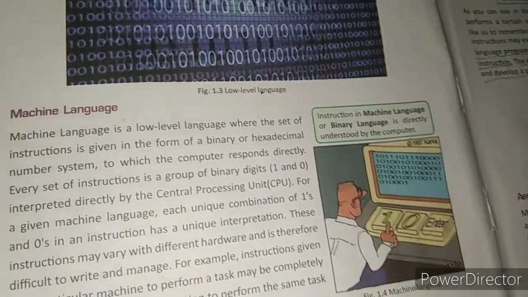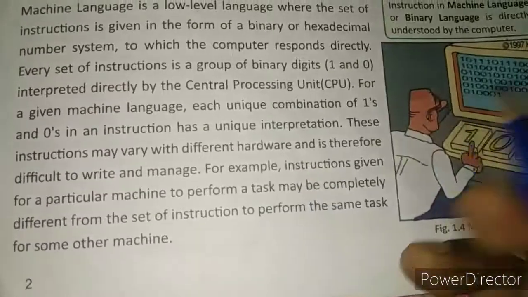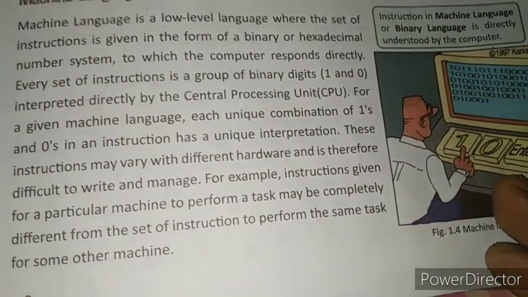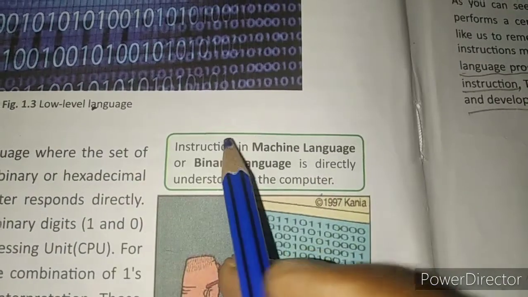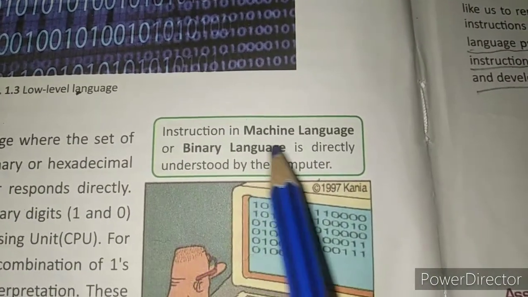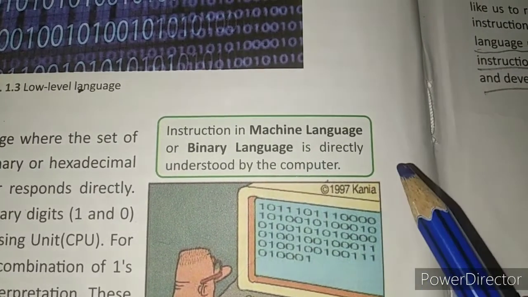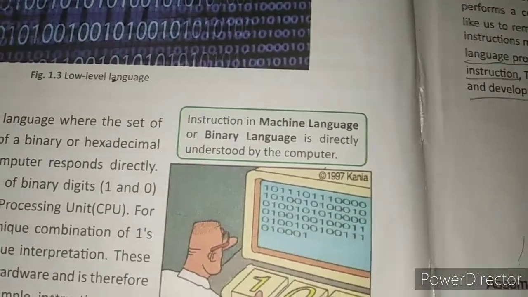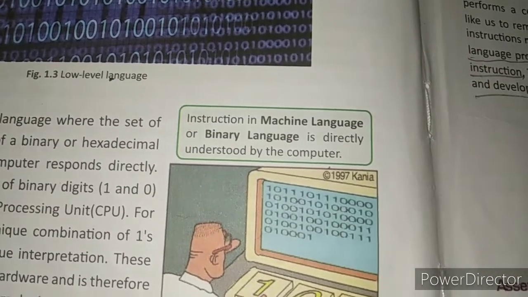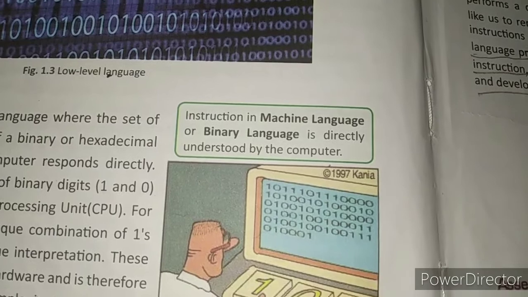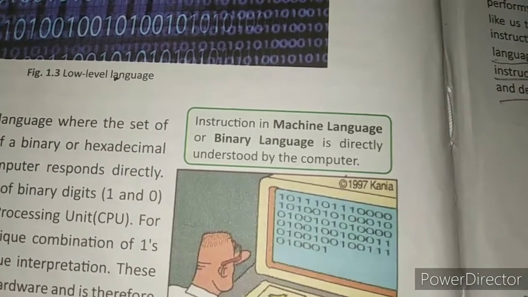It does not require any translator program to convert the program, and it is very difficult, right? And instructions in machine language or binary language are directly understood by the computer. It means when we write the program, no intermediate program is required to make the computer understand the instruction.